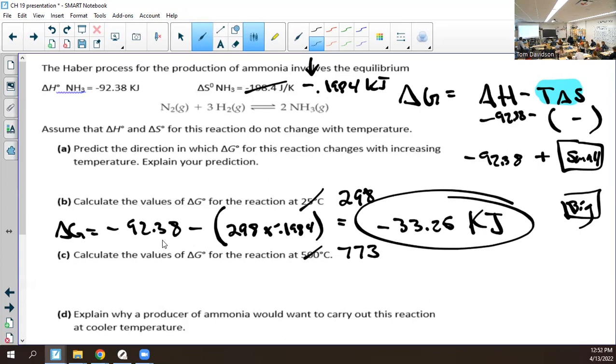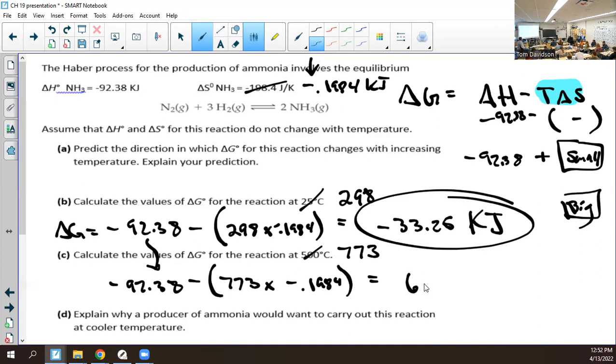Then we do everything the same right here. Negative 92.38 minus 773, this time your only change, times negative 0.1984. And that equals, all right, 60.98 kilojoules.